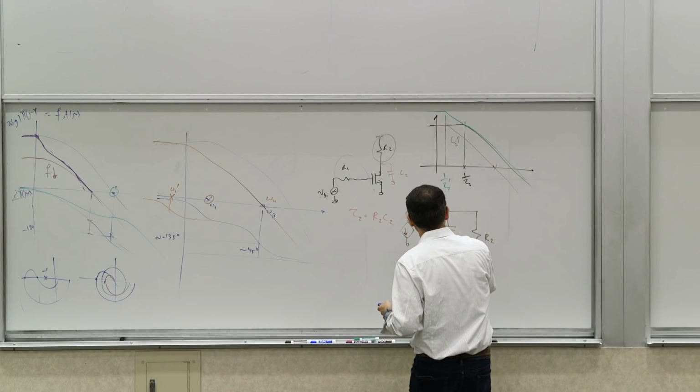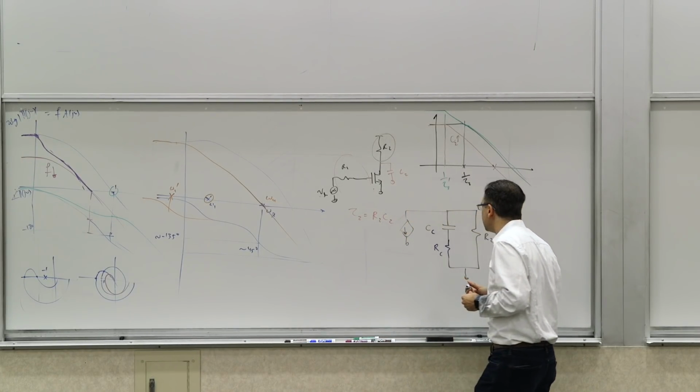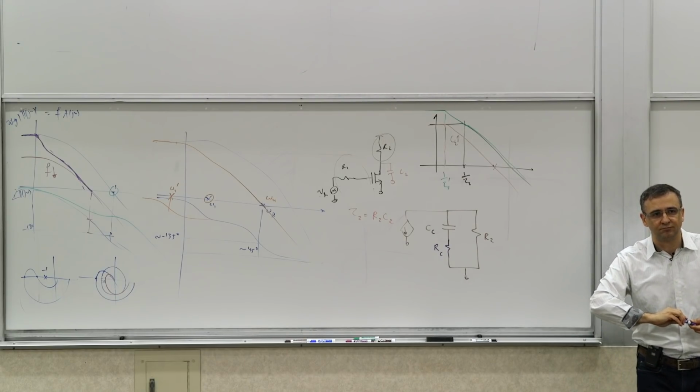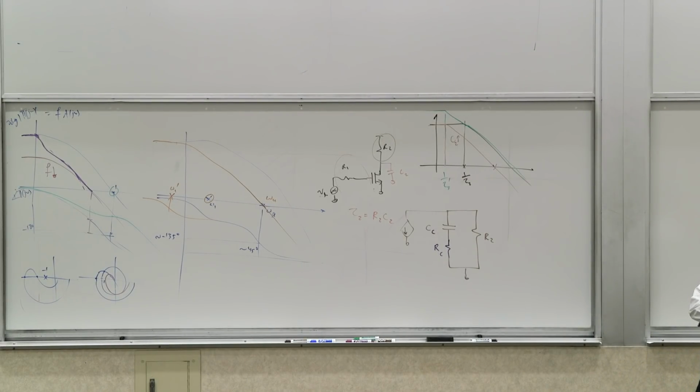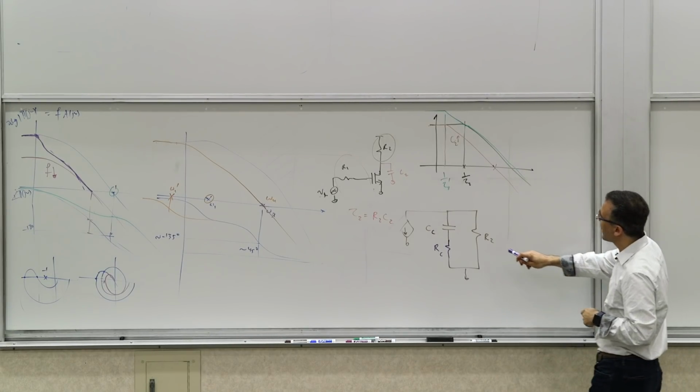Let's call this CC and RC. If you're introducing this, then how would this change the transfer function compared to just having an R2?